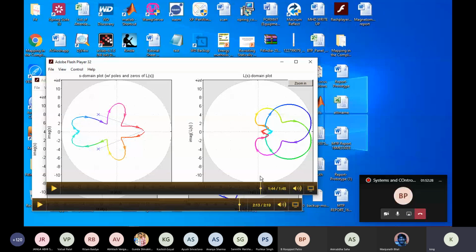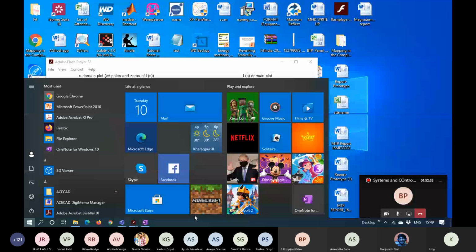So the enclosure of the origin and the number of times the enclosure takes place is dependent on the number of poles and zeros which are enclosed by the input contour. So this is our basic takeaway for today.